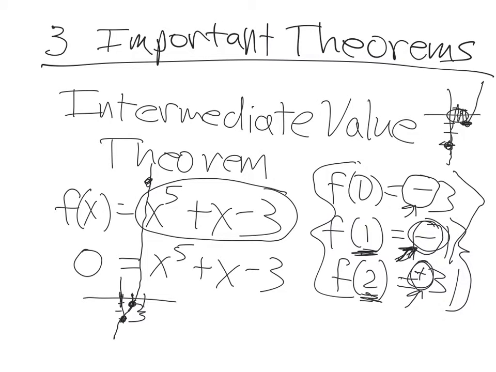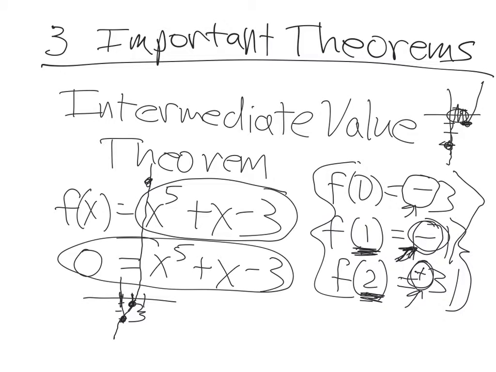That's the intermediate value theorem, and this is something you may actually have seen in an algebra course. Probably not, but it's something we can use in algebra. It's just calculating function values. So somewhere between 1 and 2, we're guaranteed that there's at least one solution to this equation.